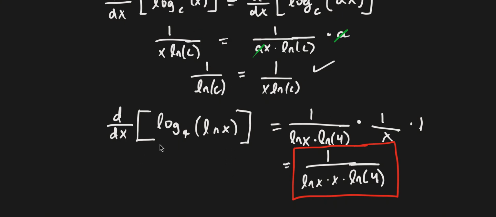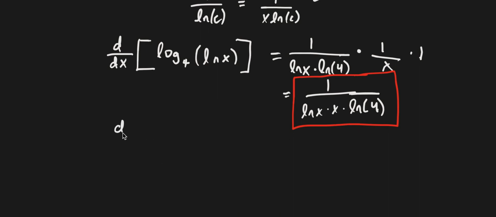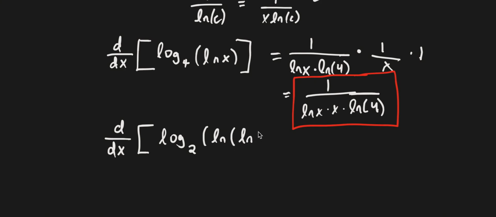Okay, let's do one final example. Let's say we wanted to differentiate the function log base 2 of the natural log of, yeah, let's do that, the natural log of the natural log of x squared.